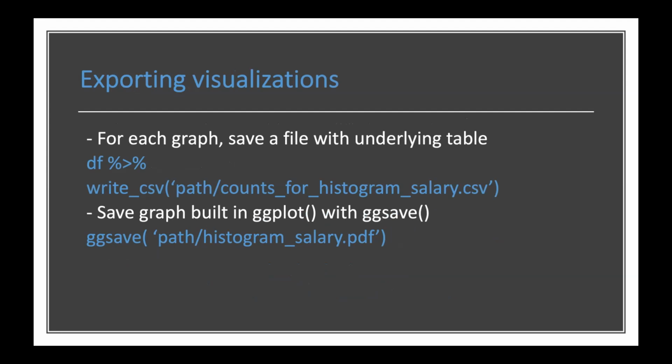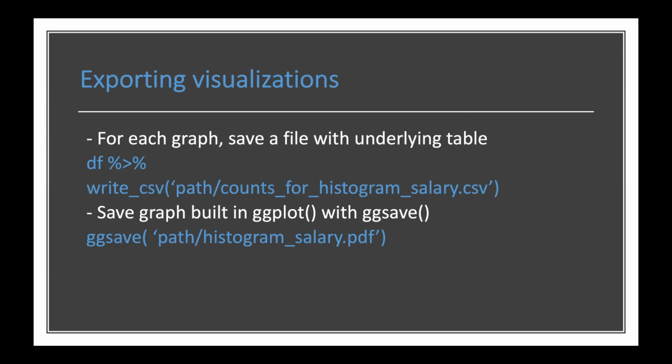So then we shift gears a bit and move towards visualizations. Each graph must have a corresponding underlying table that contains the counts of the individuals as well as the institutions per group. An example of this is the code right below.